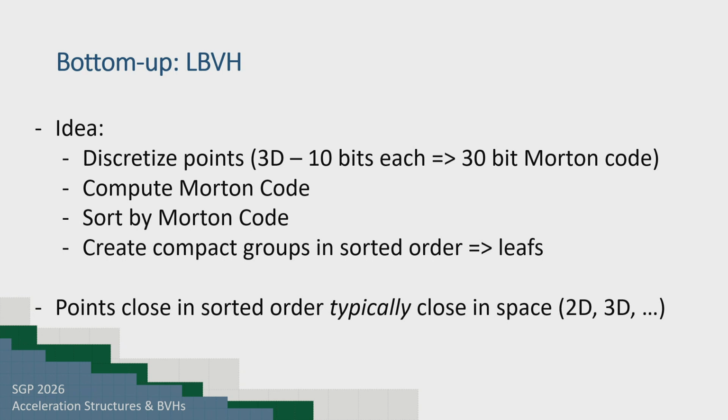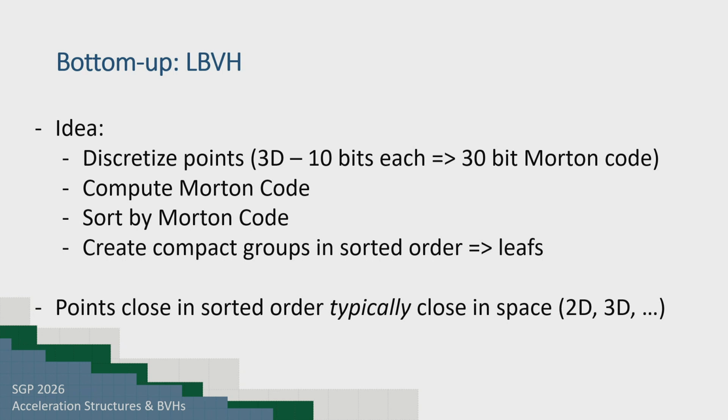So now I'll outline how we use this, how we do this bottom-up approach. We have some sort of objects. We figure out their representative point position. We discretize this position. Now, a common thing that you will see people do is in 3D, you will discretize it to 10 bits each, because you can then combine these nicely into a 32-bit integer with 2 bits left over, but fine.